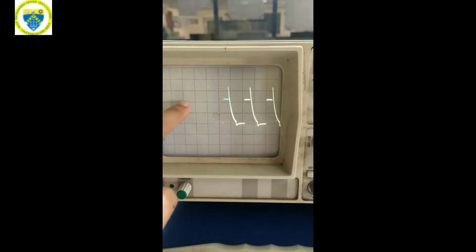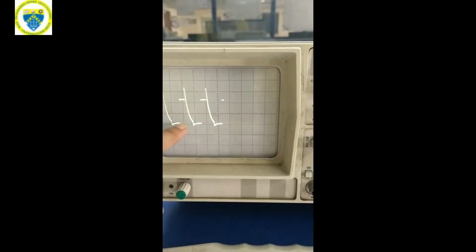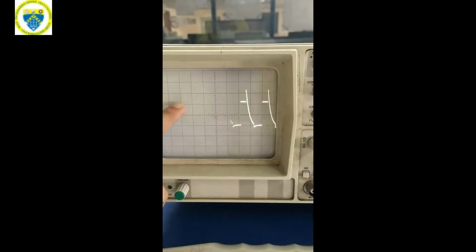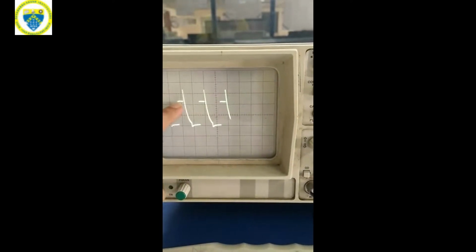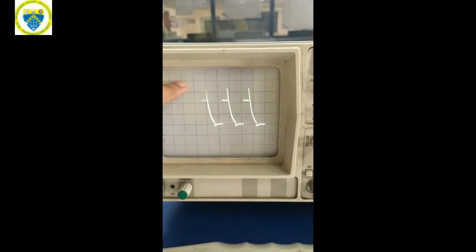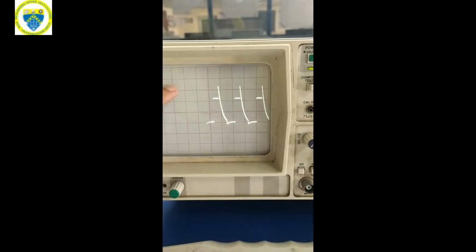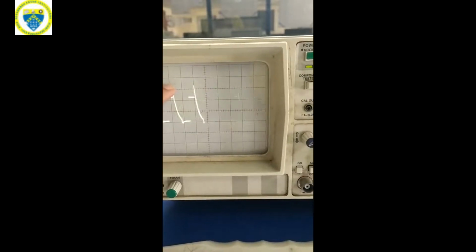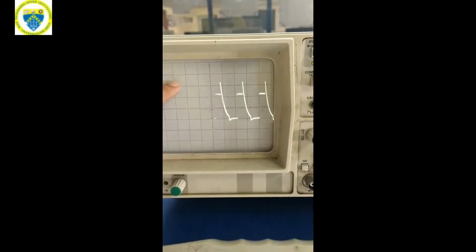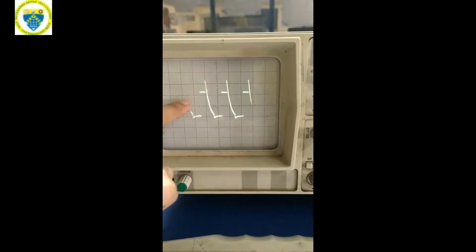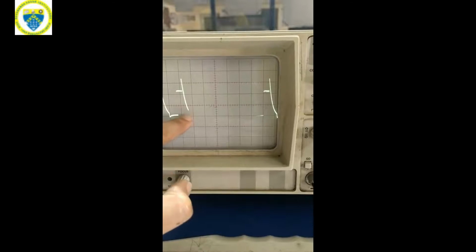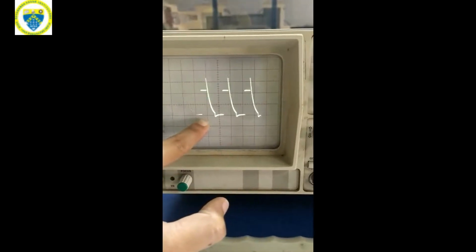The straight part which we can see here is the maximum load voltage. This is a surge at this point. The commutation process has started. Once the commutation process starts, load voltage starts decreasing and it comes to 0.